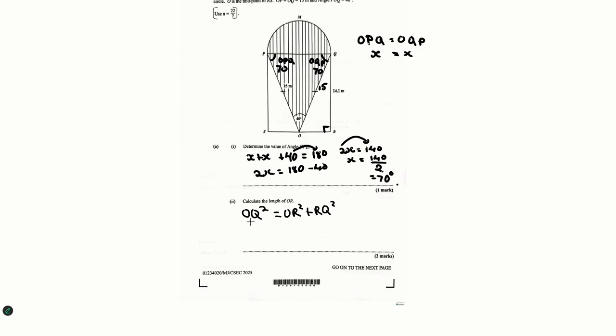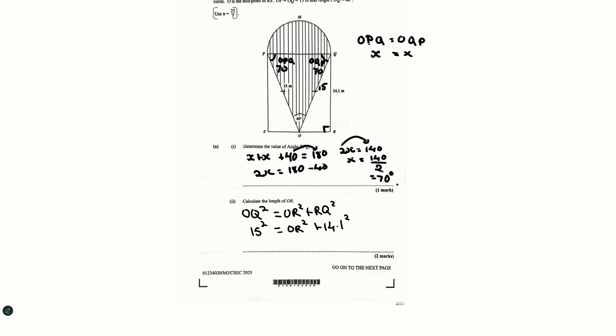We know that OQ is 15, so 15 squared is equal to OR squared, which is what we're trying to find out, plus RQ squared, which would be 14.1 squared.